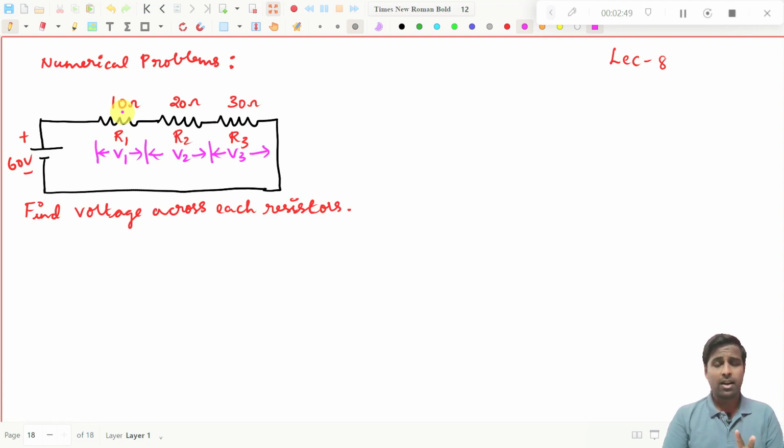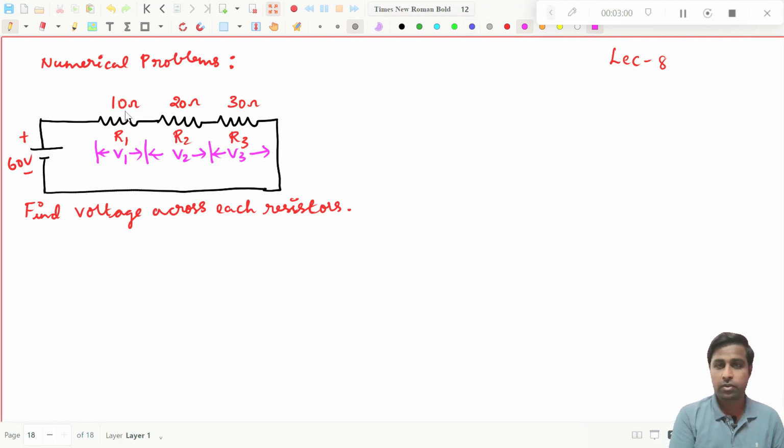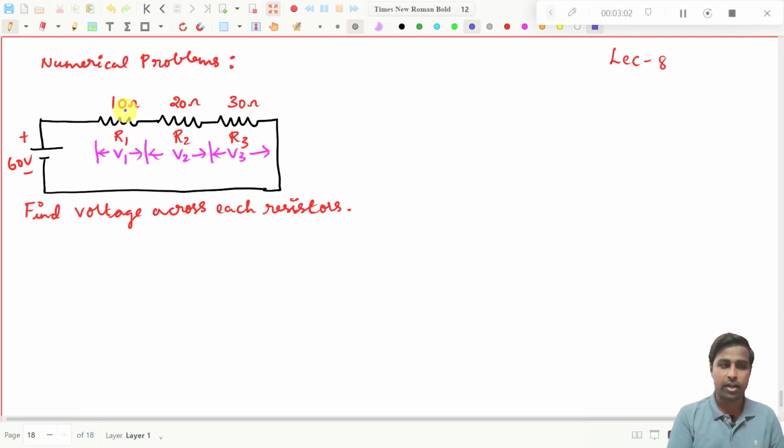You never mug up any formulas. Try to understand the concepts of the formulas. Let me write the formula now. See how I am writing it. I need to find V1, the voltage across resistor 1.